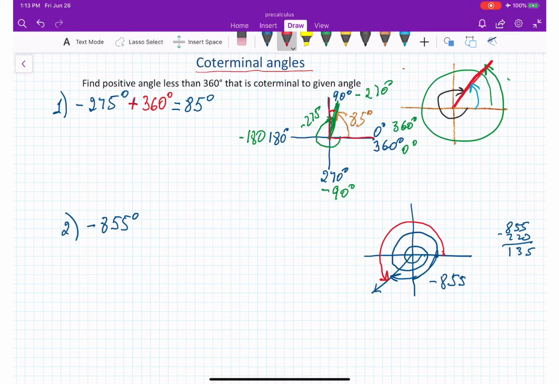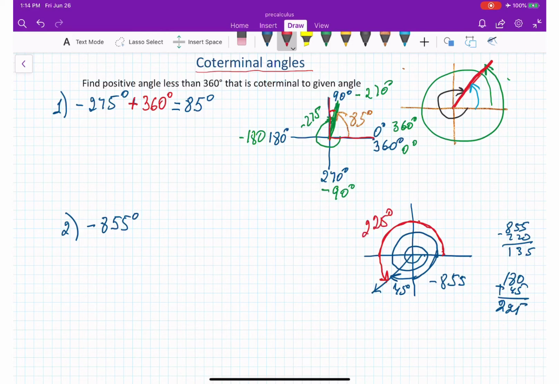This arc is positive 90, positive 180, and plus 45, right? Because if this angle is 45 degrees, so another 45, so 180 plus 45, 225 degrees, right? Okay, so the coterminal is 225 degrees.